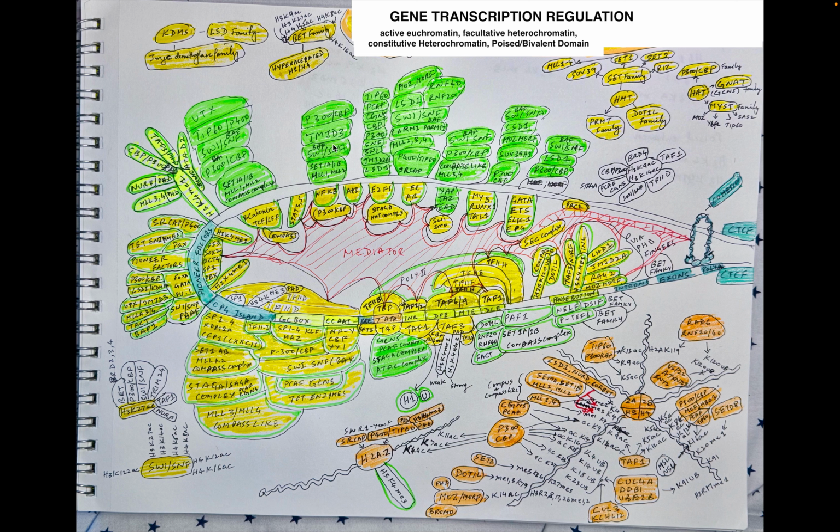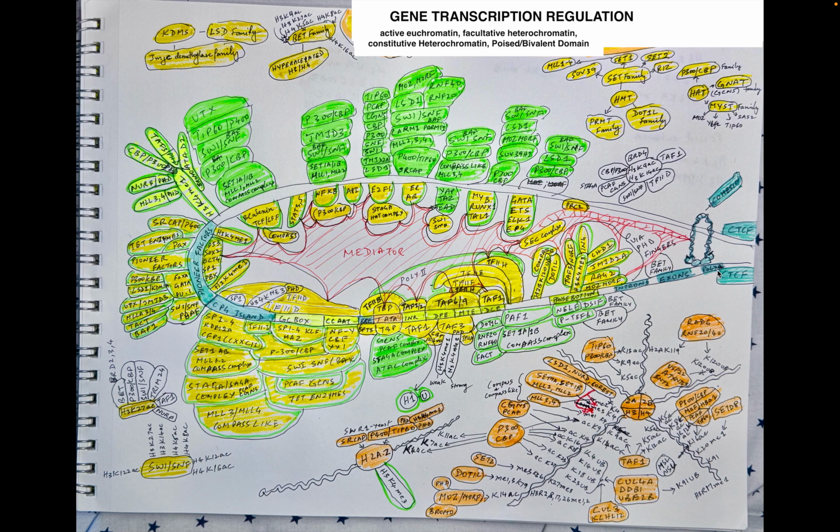Let's say you have only one active enhancer, the rate of transcription into mRNA is going to be low. And if we have 6 enhancers active, the rate is going to be faster. So this gene is in a loop.